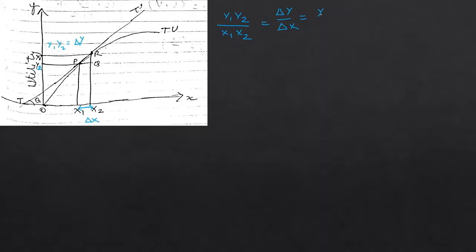We can add y and subtract y from this term. But y is equal to f(x), a function of x, so y plus delta y will be equal to f(x plus delta x).